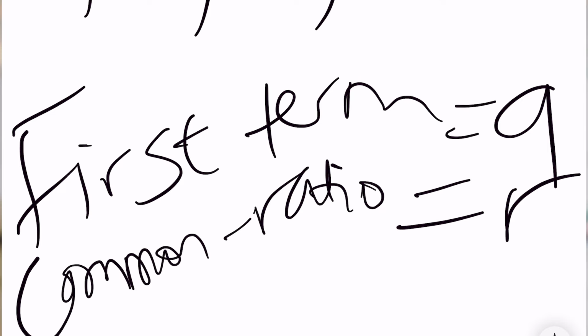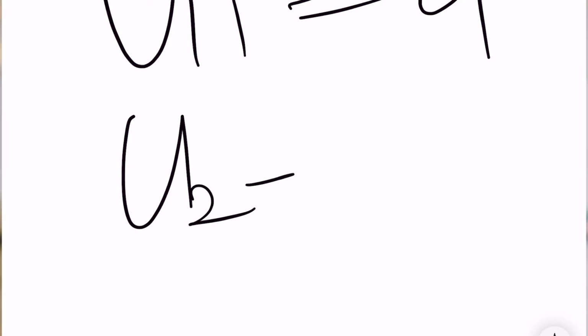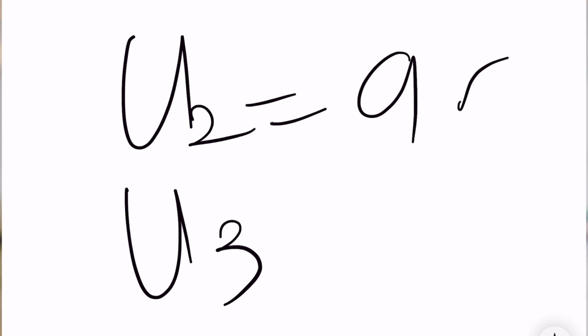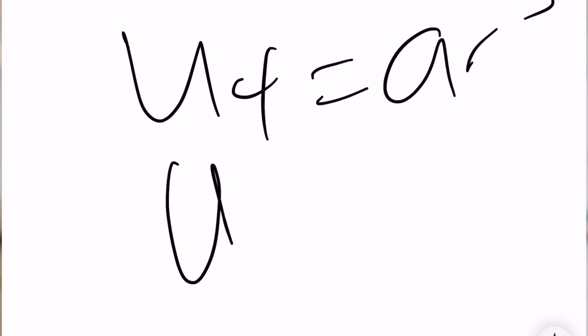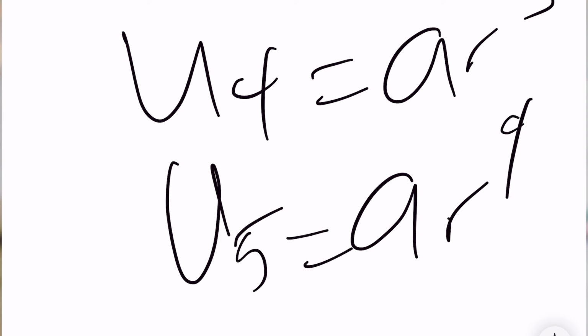For arithmetic progression we have our common difference, and for geometric progression we have the common ratio, which is R. So U1 equals A, U2 is AR, U3 is AR squared, U4 is AR cubed, U5 is AR raised to power 4, and in general our Un is AR^(n-1). So for the nth term, we have AR^(n-1).